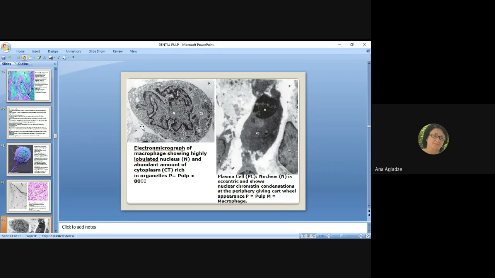This process is called antigen presentation. Macrophages, dendritic cells, and B lymphocytes are professional antigen presenting cells.